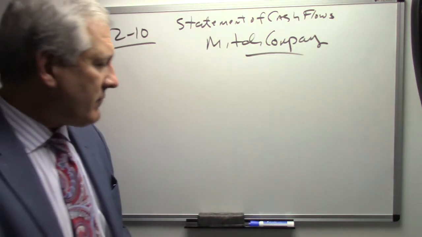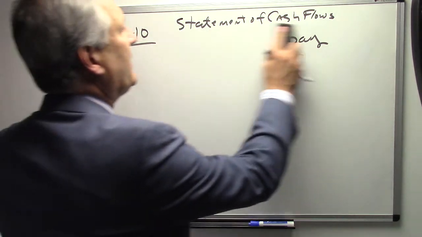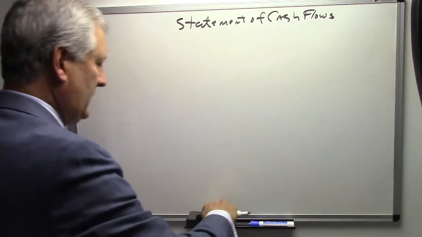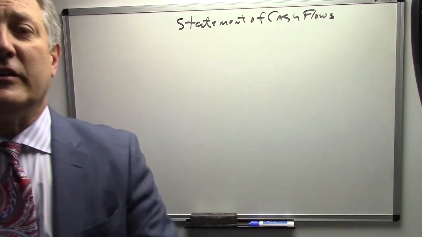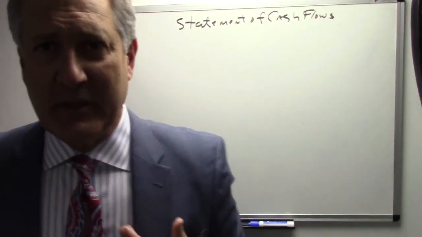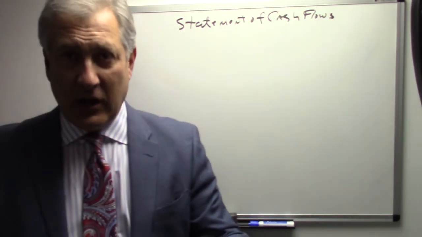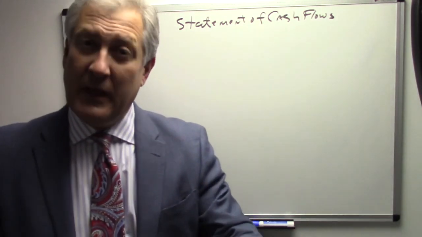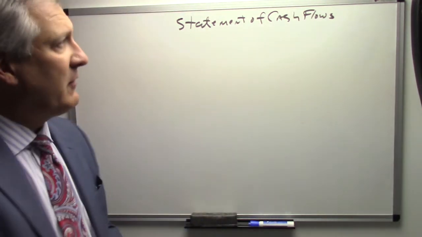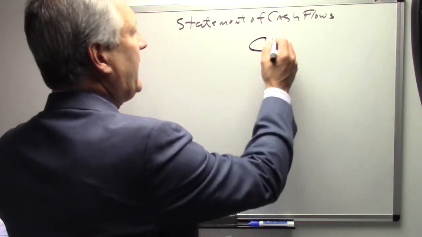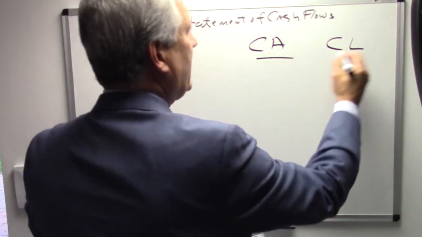Third step is that you want to take the changes in current assets and current liabilities, and you want to make adjustments to net income for those changes. And if you remember, there was a little chart that we used. So we had a current asset and a current liability.